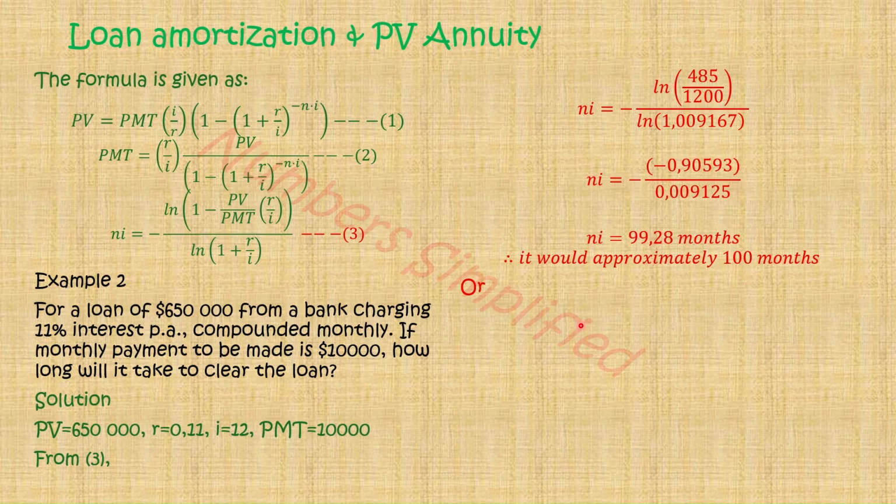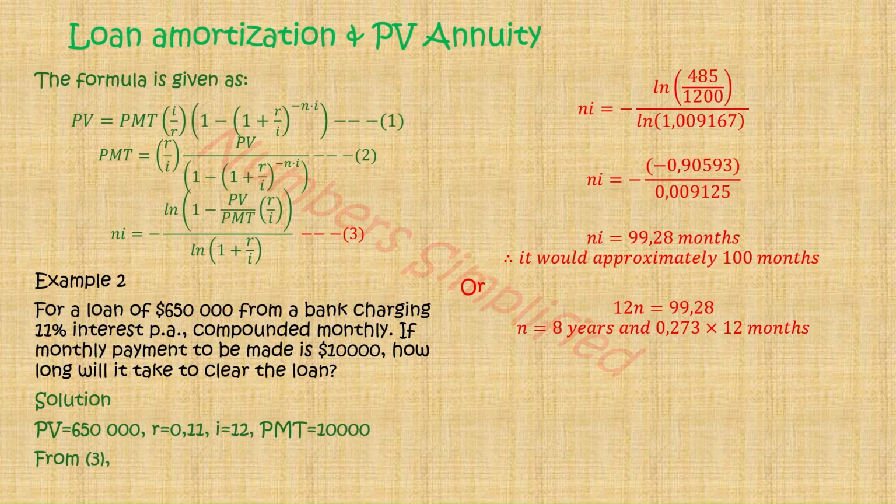It is also important to note that we can express this in terms of years because we know that our I is 12. Substituting for the I, we say 12n is equal to 99.28, and dividing throughout by 12 in order to get n, the n comes out as 8 years and 0.273 times 12 months, because that is just a decimal and in a year we have 12 months.